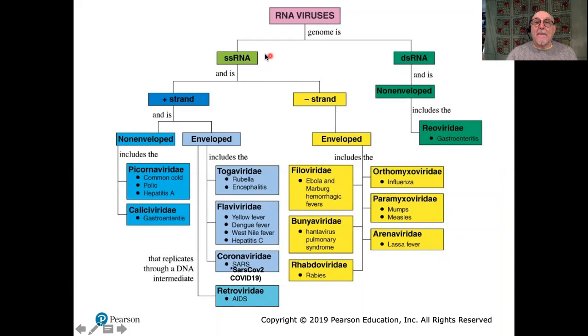Okay, so let's proceed. We're still on single-stranded RNA, but now we're talking about negative strands. And all that has to happen now is the genome of negative strand viruses is put into the host cell. And one way or another, there are various strategies for doing it.